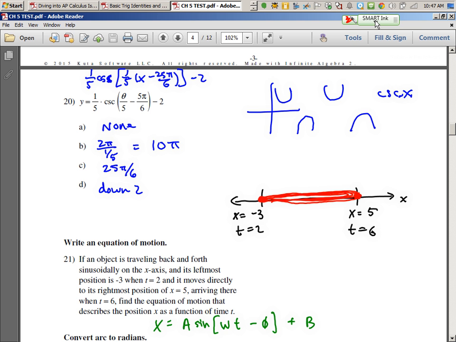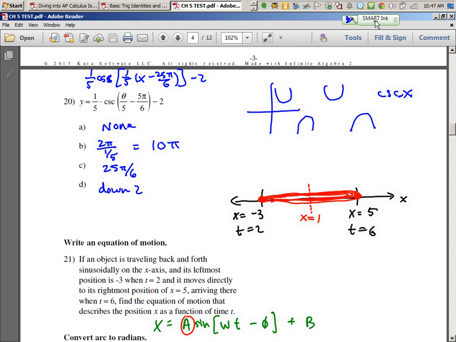All right. So the first thing I might want to do is understand that the amplitude is actually 4. Why is that? If you draw a line in the middle, where x is 1, that's halfway between -3 and 5.